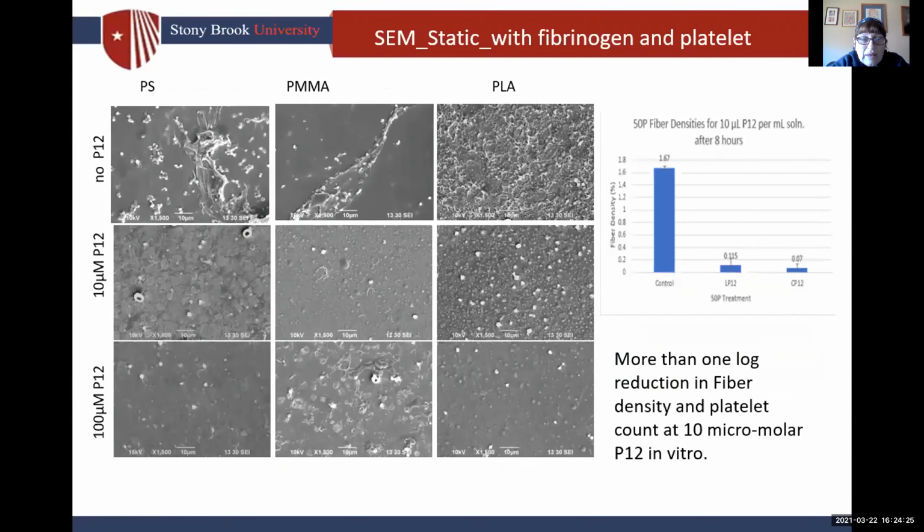What is the sequelae when we float platelet-rich plasma across it? Without P12, tons of fibers and initiation of clots. With 10 micromolar P12 or 100 micromolar, it didn't make that much difference. No fibers formed and none of the initiation of early clotting.